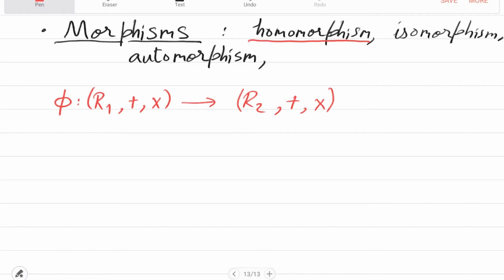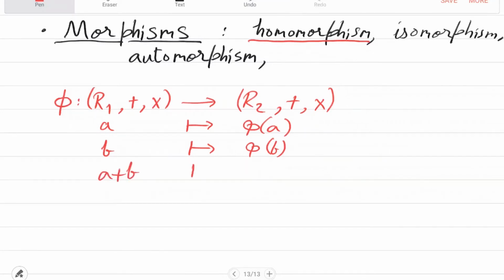So at the level of sets, it will be a map from set R1 to set R2, and at the level of rings, it now has to preserve the structure. Which means that if you have, it sends A to phi A and B to phi B. Now where should it send A plus B? Exactly.